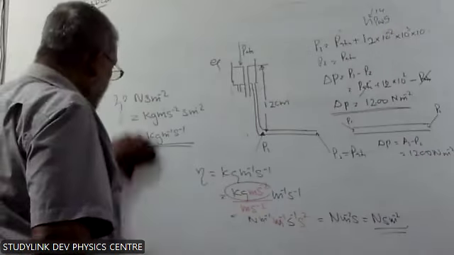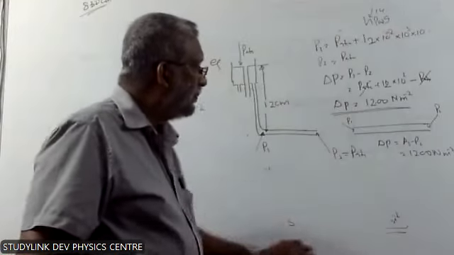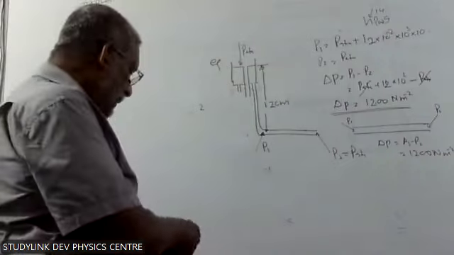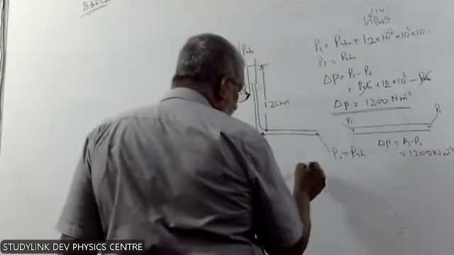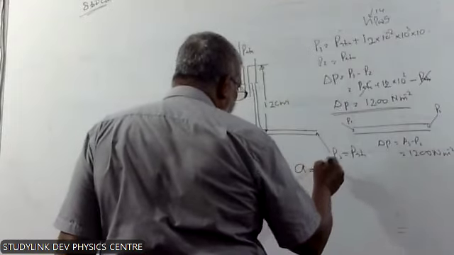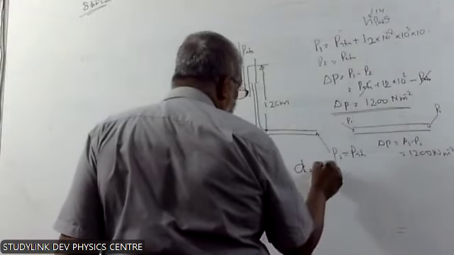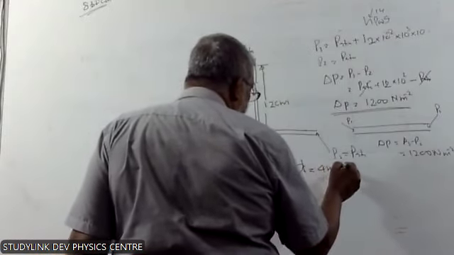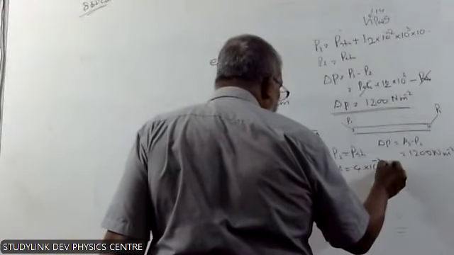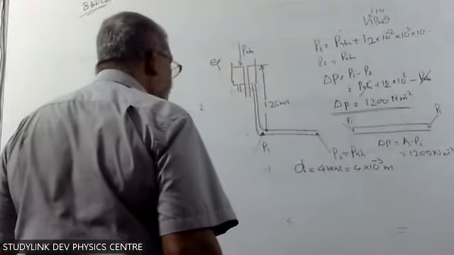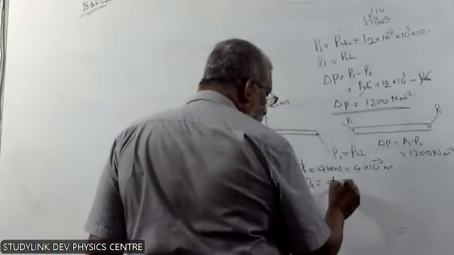Now, in this question, we found delta P. Now we want to write the other thing. Then you write A. A is given, I have given D diameter 4 millimeters, which is equal to 4 into 10^-3 meters. Then A is equal to D by 2.